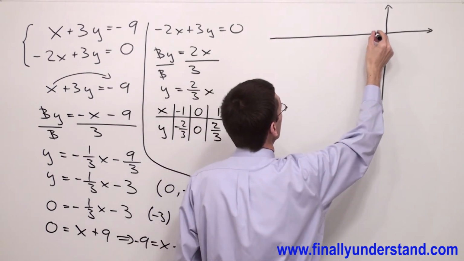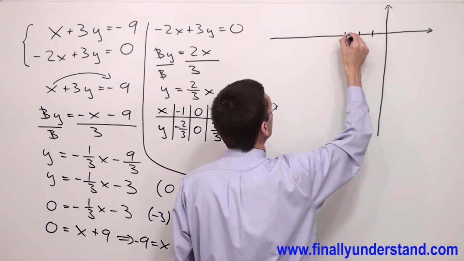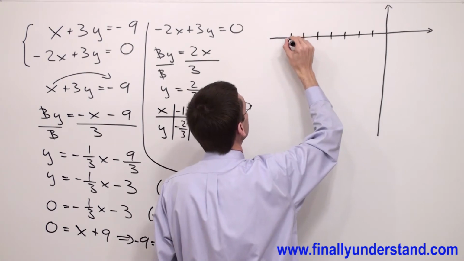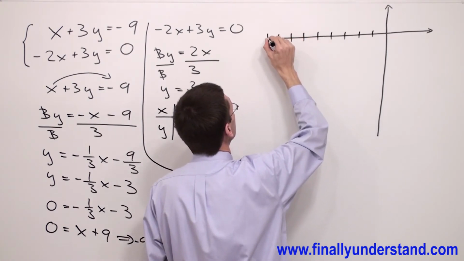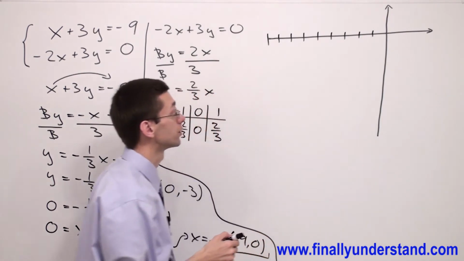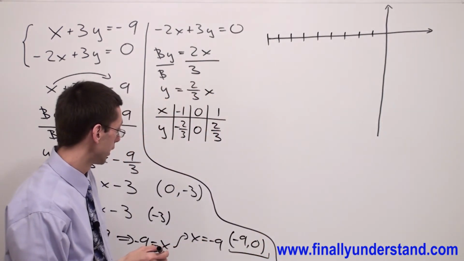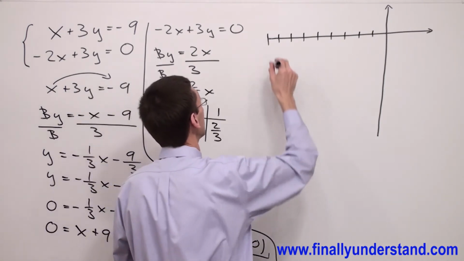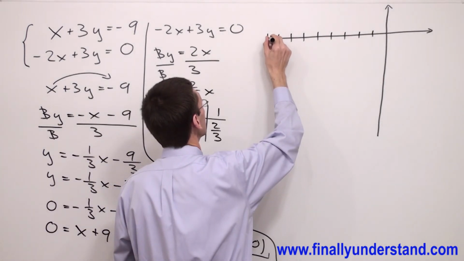So I have 1, 2, 3, 4, 5, 6, 7, 8, 9. So I have like 9 units, and this is going to be my point, my x-intercept.